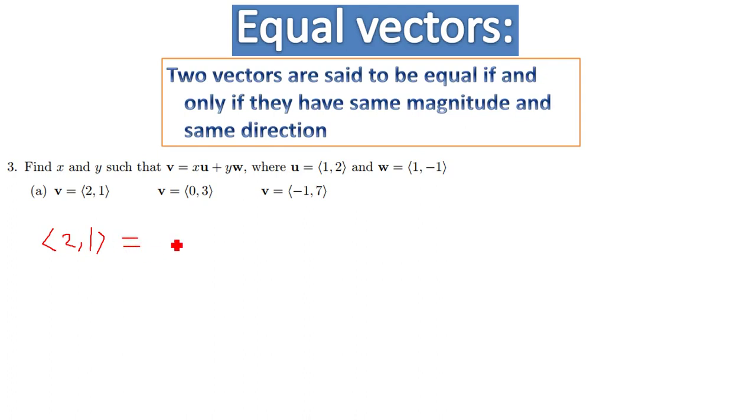This is equal to x times u, and your u has been given to be this. When you multiply x times u, you are multiplying everything in u with x. So you are going to have x, let me just write it this way, (1, 2).